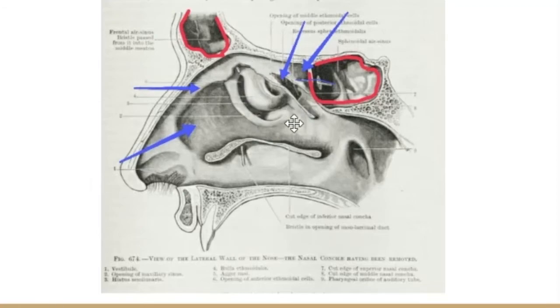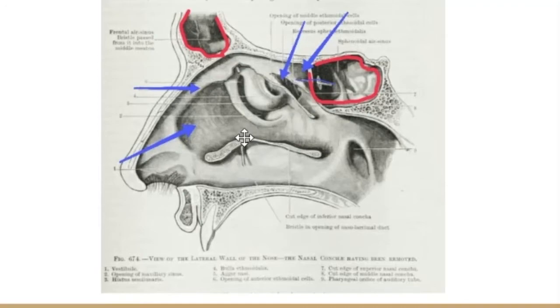We saw that the maxillary sinus drains into the hiatus semilunaris in the posterior portion. Then the middle ethmoidal cells usually open above the ethmoidal bulla, and finally the posterior ethmoidal cells open just into the superior meatus, right?